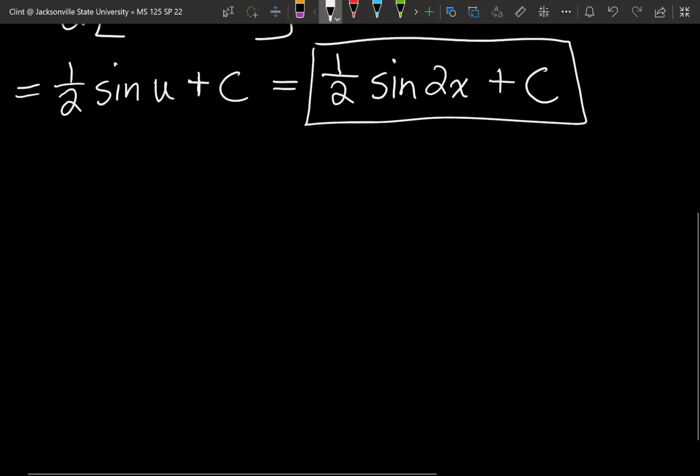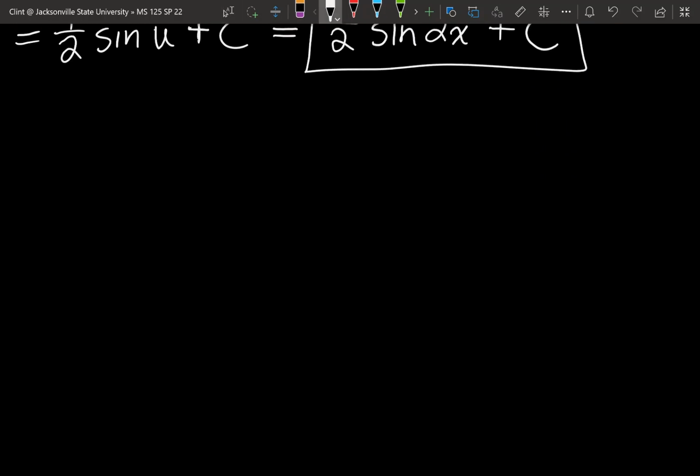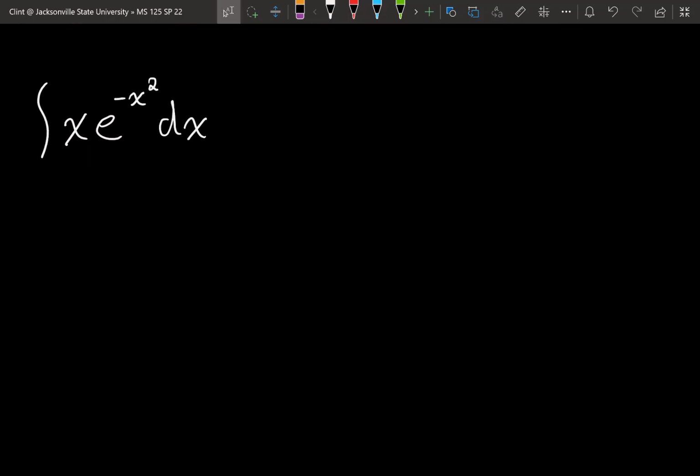Let's do another one. Let's do this one. That one's a little messy. Got x times e to the negative x squared power.